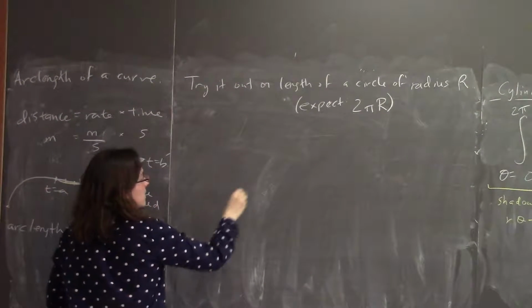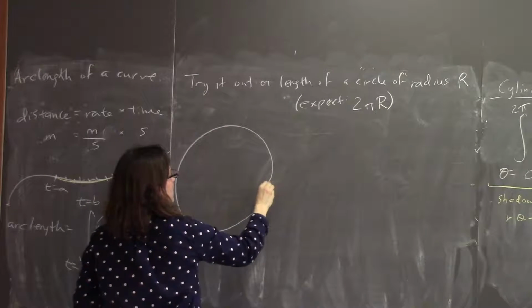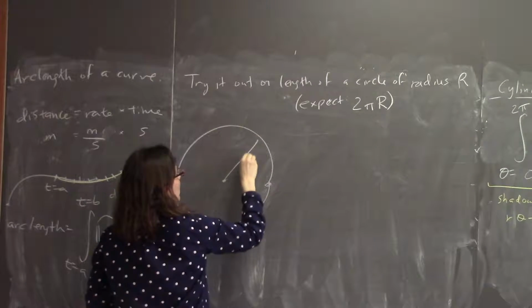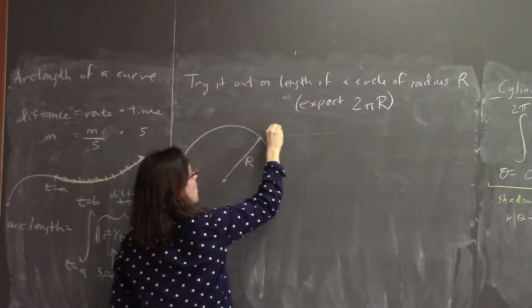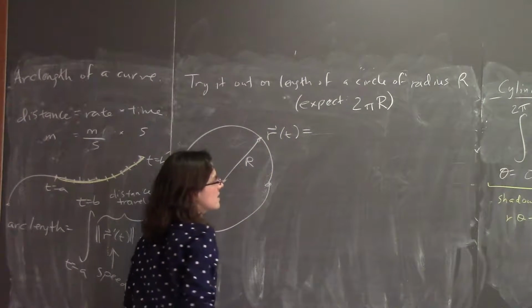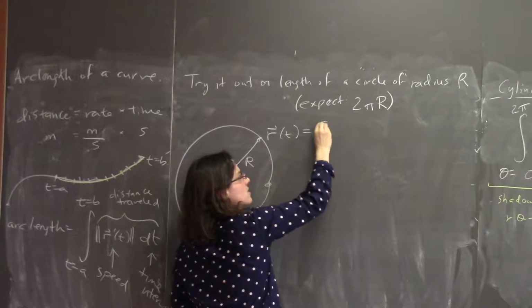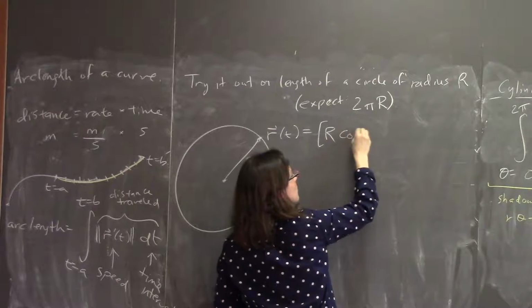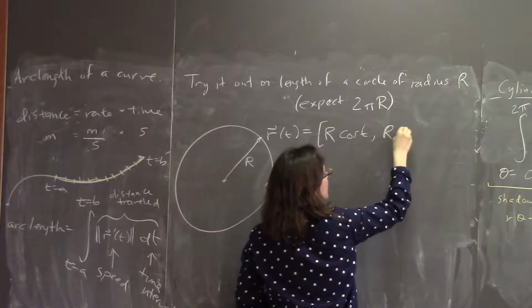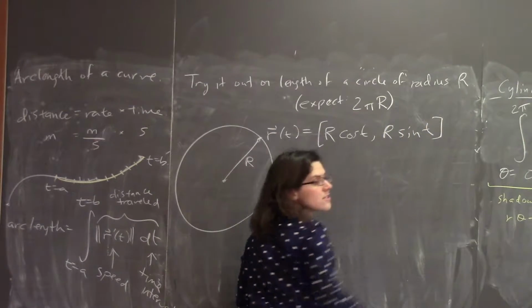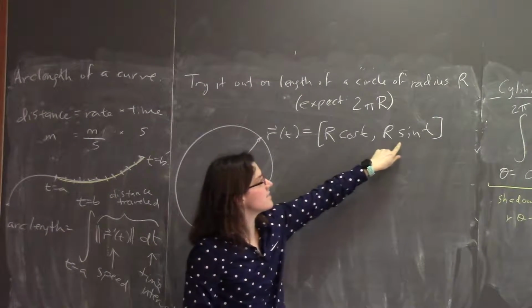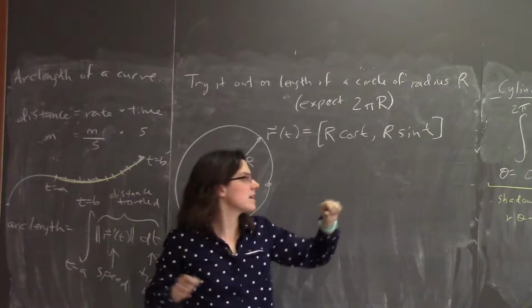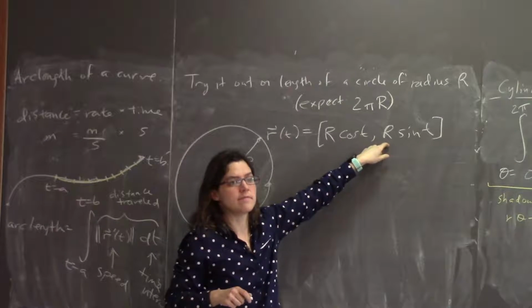Okay, so here's our circle of radius r. We need to give our position. So r of t is, well, we usually do radius times cosine t, comma radius times sine of t. So to go around a circle, a unit circle, you would do cosine of t, sine of t. And since it's r times as big, we'll do r cos t, r sine t.